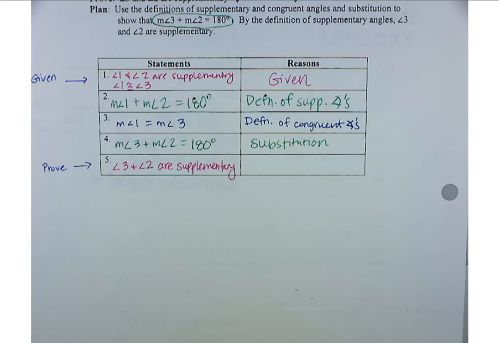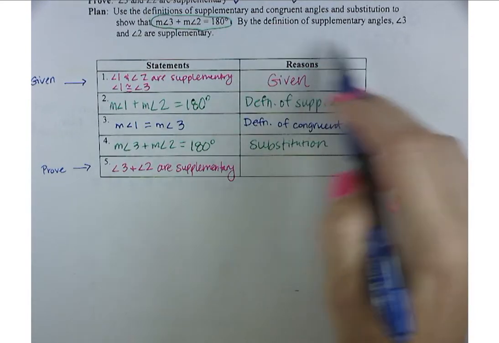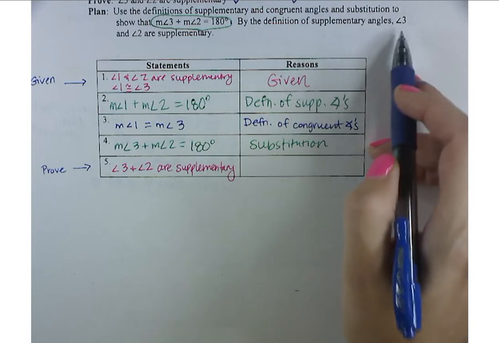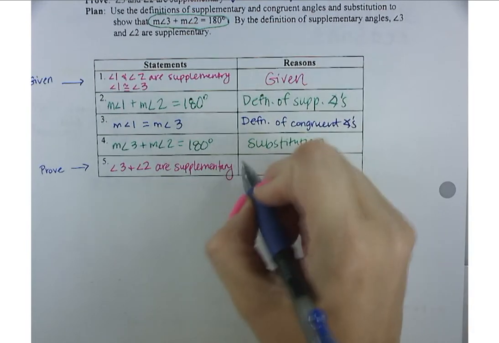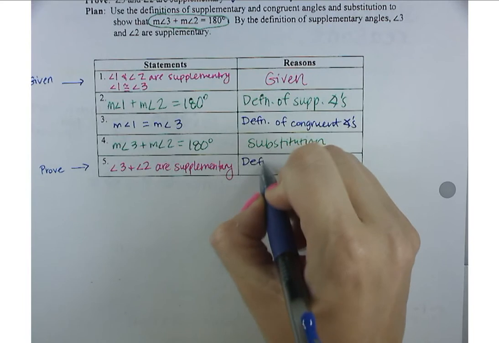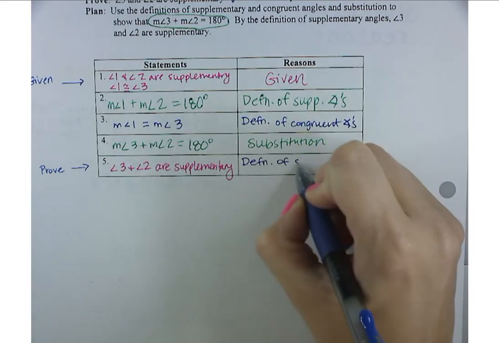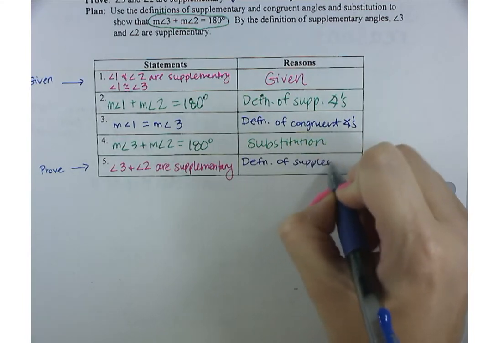So what does your plan say? By the definition of supplementary angles. Okay, yep, so by the definition of supplementary angles, angle 3 and angle 2 are supplementary. So this is going to be the definition of supplementary angles.